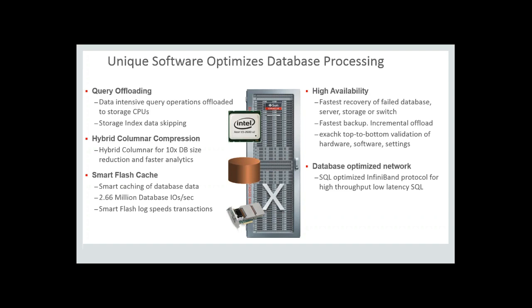If you have used this machine in any of your client or customer environments, you must have seen a lot of performance improvement, and because of this software you are getting that performance improvement. Without this software, it is any other machine as you have in your data center right now. So this is the unique software which Oracle Exadata has, and because of that you are getting a lot of performance improvement.